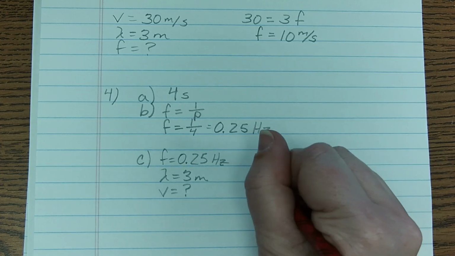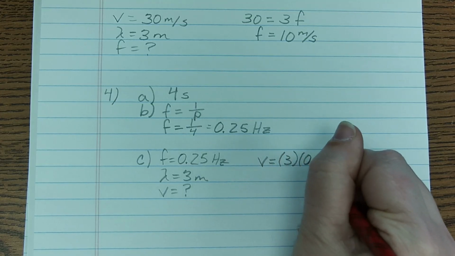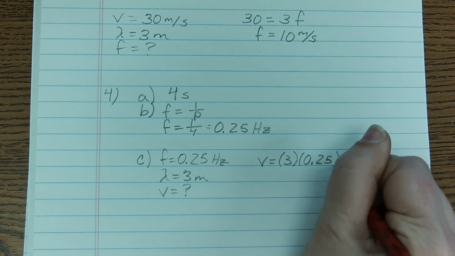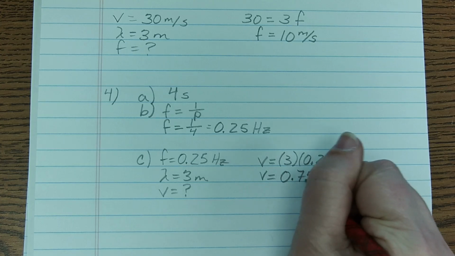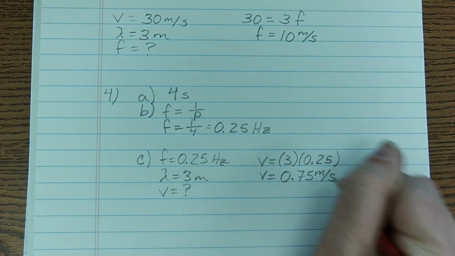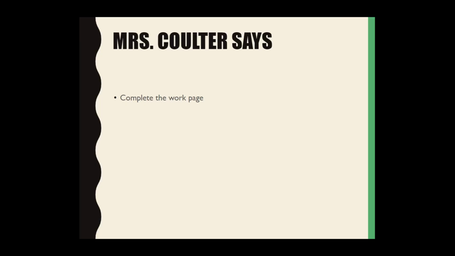So again, speed is wavelength times frequency. Okay, so that is how to calculate those wave speeds. All right, so you'll complete the work page now.